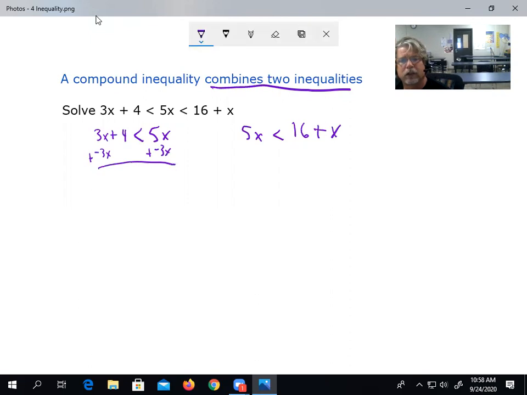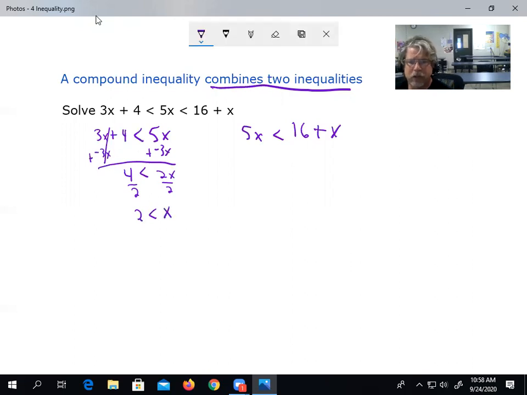So the 3x and the negative 3x will zero out, which gives me 4 is less than 5x plus negative 3x. Remember, we just add the coefficients, and that gives me 2x. To make the coefficient turn into 1, you have to divide by 2 on both sides. So we end up with 2 is less than x.